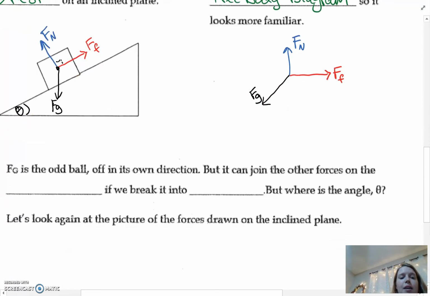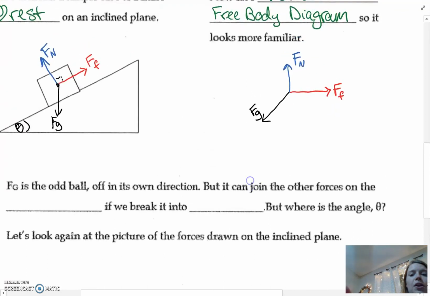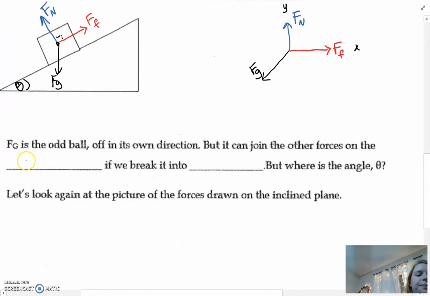So Fg is this oddball, off in its own direction. But it can join the other forces on the y and x axes, if we wanted to call them that, if we break it into components.